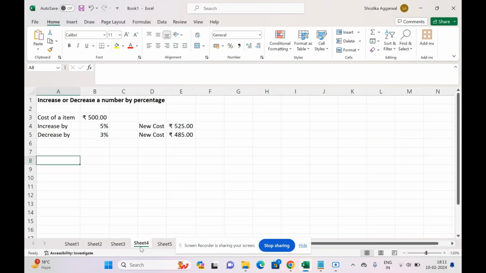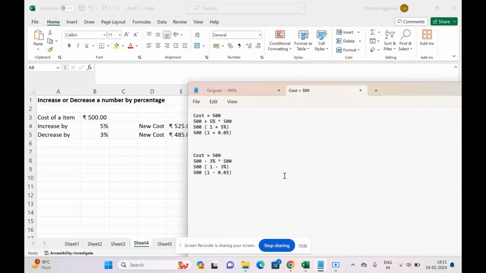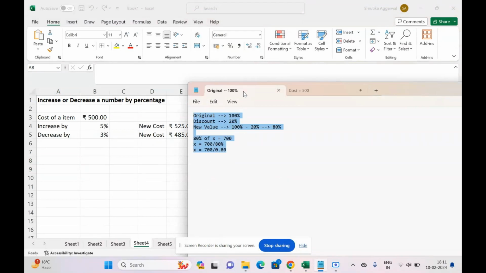The fourth scenario is when we have the original amount and the percentage change, which could be an increase or decrease, and we have to find the new number after that percent increase or decrease. I have also given you the explanation behind these formulas.